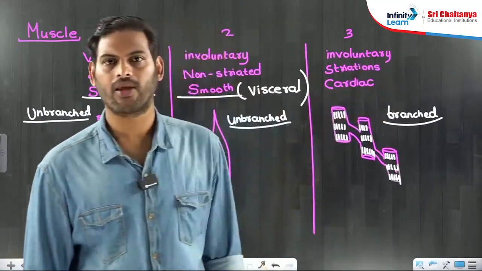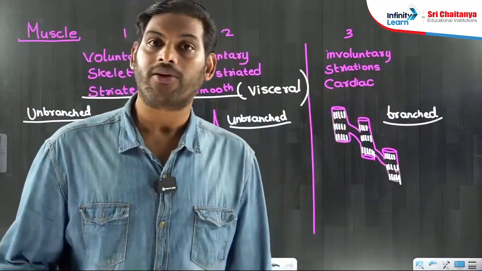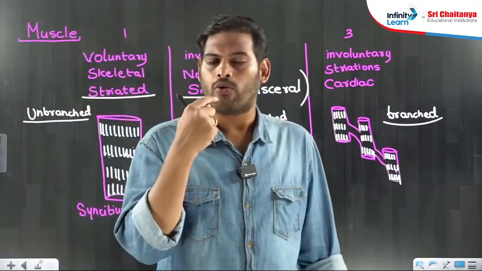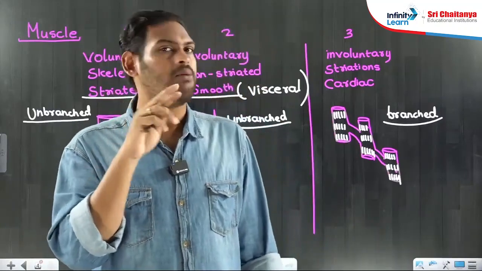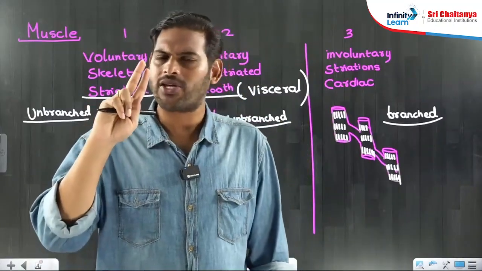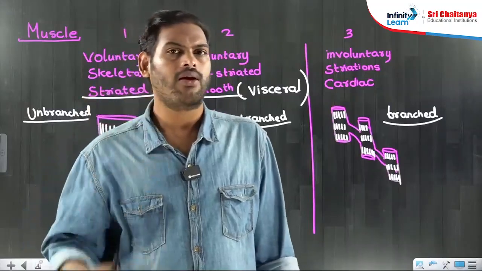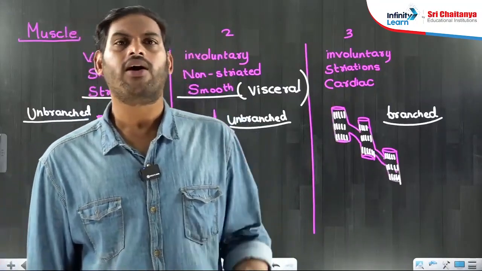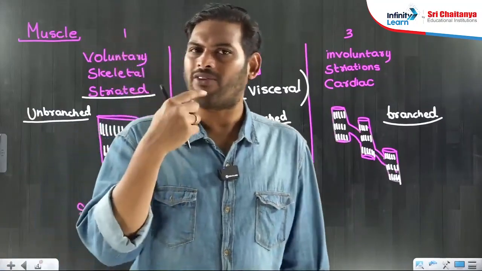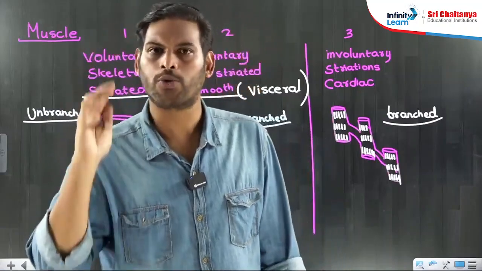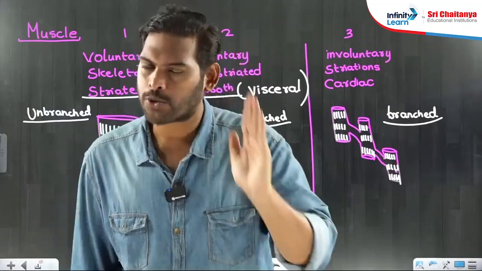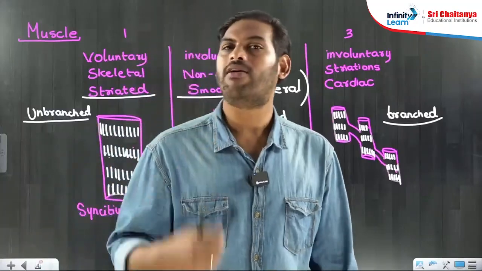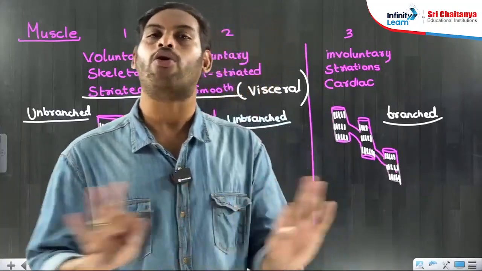Very good. Now, tongue. We can twist and turn the tongue in many different ways. Tongue was attached to a U-shaped bone referred to as the hyoid bone. If you cut the tongue and observe it under a microscope, will it have branches or not?